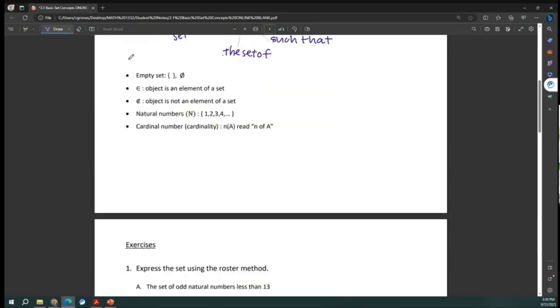And then these notations down here are just notations of the stuff that we were talking about. So the empty set can be represented with the braces with nothing in it, or you can use this 0 with the line drawn through it, which is the null symbol.